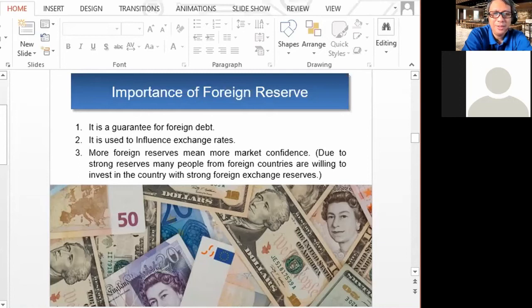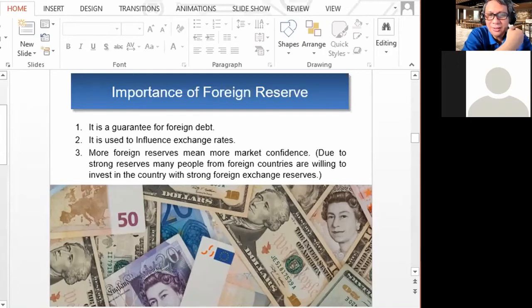Okay, so sa managed exchange rate, just like in the Philippines, we do not want the Philippine peso depreciating so much. We do not want the dollar to be too expensive. So we manage it, for example, by increasing the supply of the dollars in our economy, and hopefully this will stabilize the exchange rate. So we influence the exchange rate using our foreign exchange reserve, our dollar reserve.